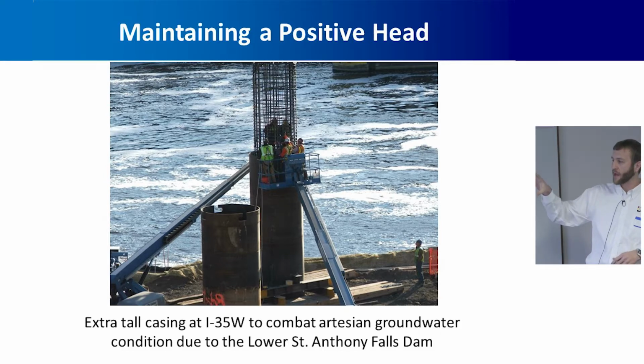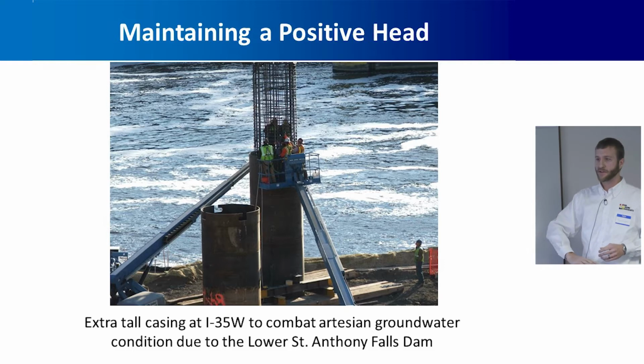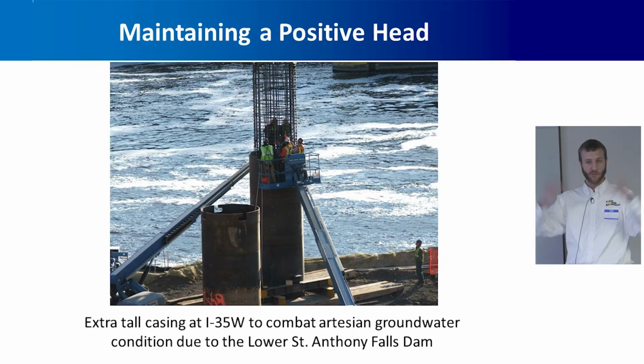To combat that, the contractor had to use an extra tall casing and keep a really high fluid level in that casing to counterbalance that pressure that wants to push it up. If they had the casing down at normal working level, water would just be coming out of the casing like that.